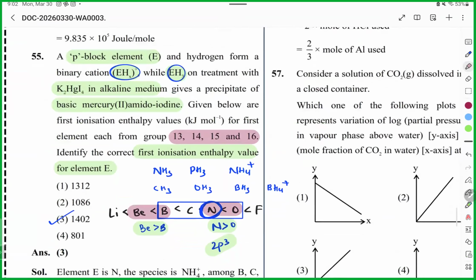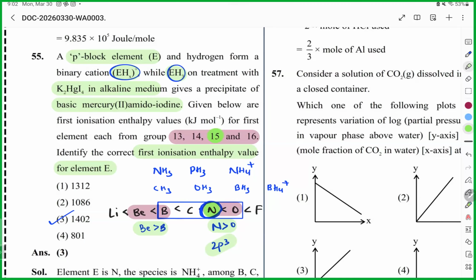For question 55, first we need to know about the ionization enthalpy. If we look at the elements among group 13, 14, 15 and 16, group 15 will have maximum ionization enthalpy because we know this by the general rule. In this case they are asking to identify the first ionization enthalpy for that element.